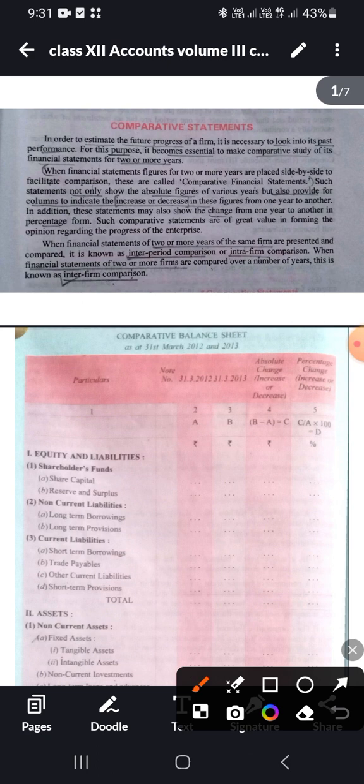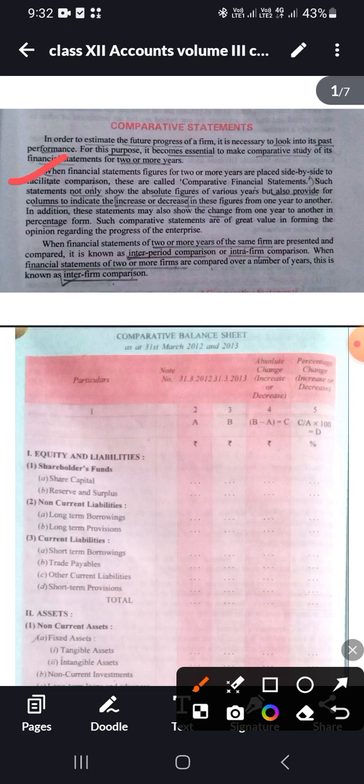On the basis of that, we conclude and it is possible to take decisions. As we already discussed about the comparative statements and common size statement, in respect of balance sheet and profit and loss, we also have to understand the meaning.